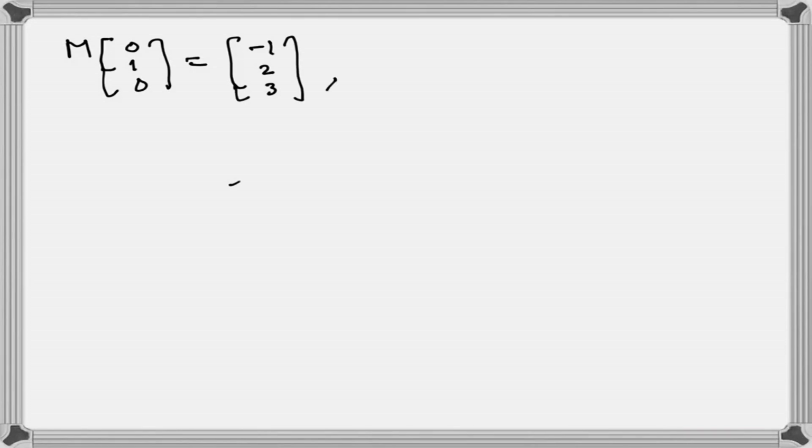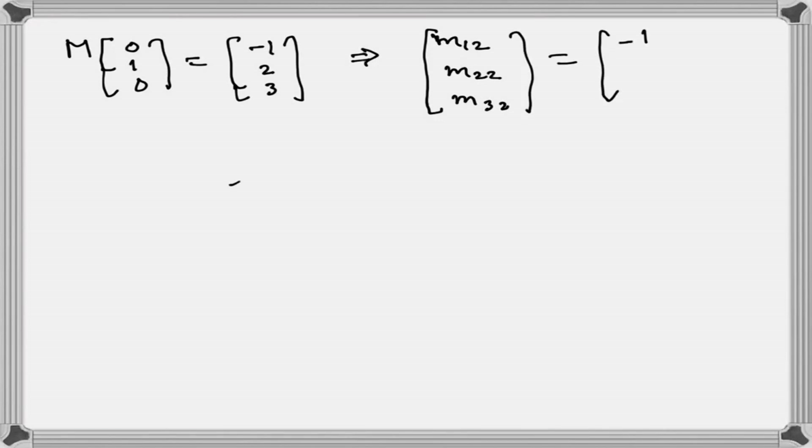This implies that if you multiply the M matrix with (0, 1, 0), you will get M12, M22, M32, which is equal to (minus 1, 2, 3).